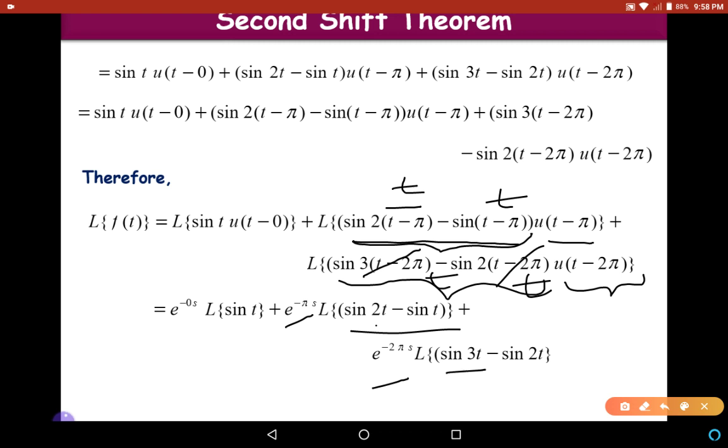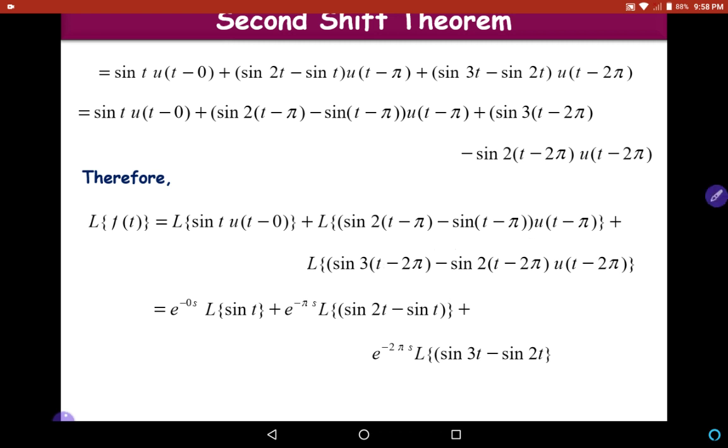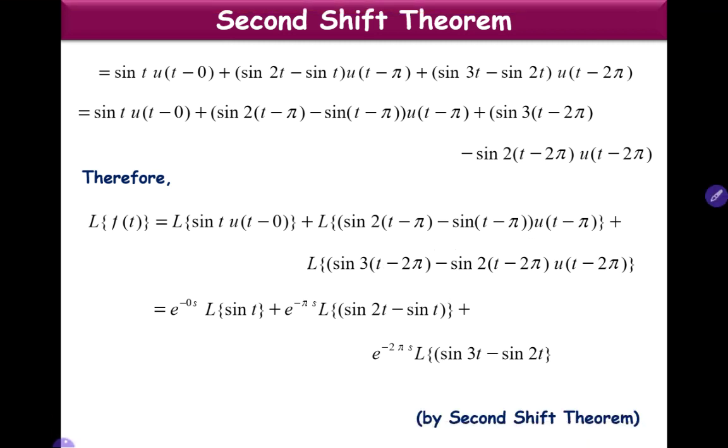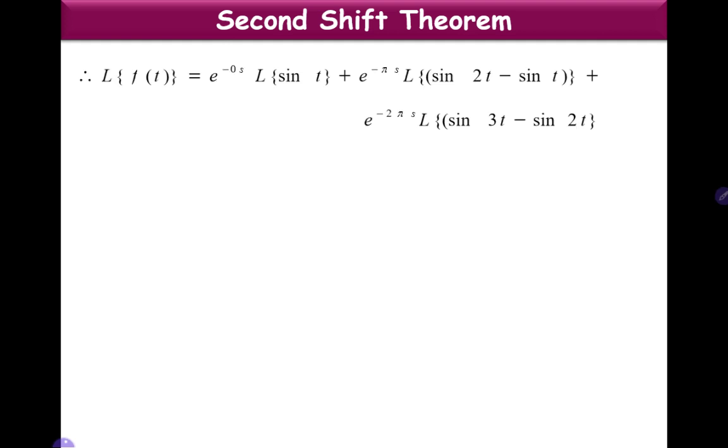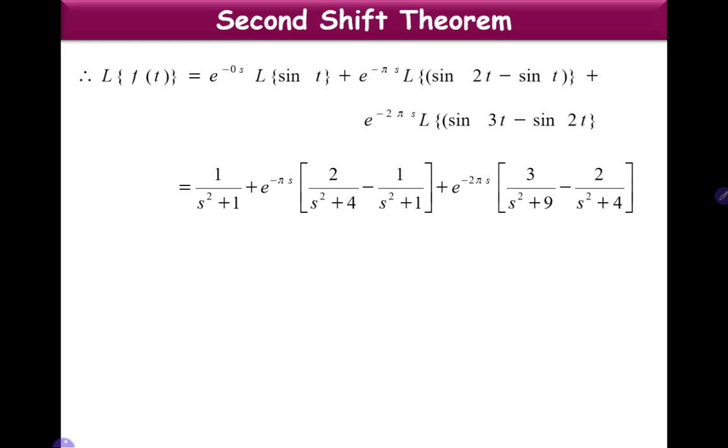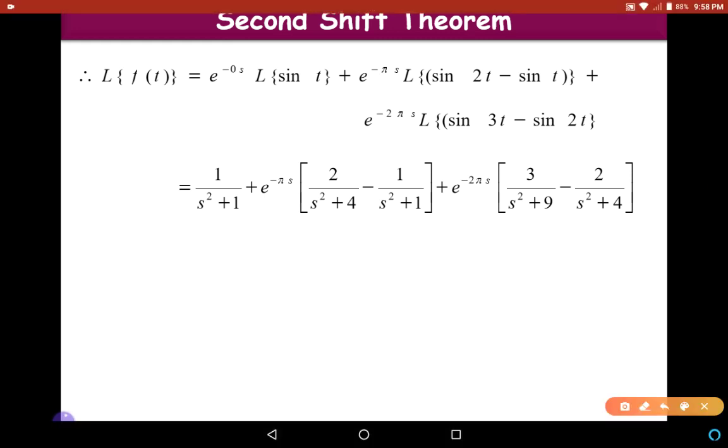L of sin 3t is 3 by s square plus 9. So that is e power minus 0s into 1 by s square plus 1, plus e power minus pi s into 2 by s square plus 4 minus 3 by s square plus 9, plus e power minus 2 pi s into 3 by s square plus 9 minus 2 by s square plus 4.